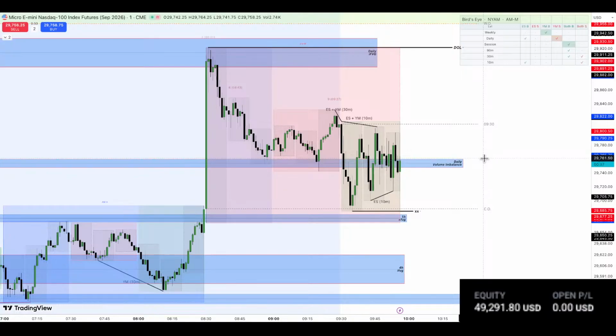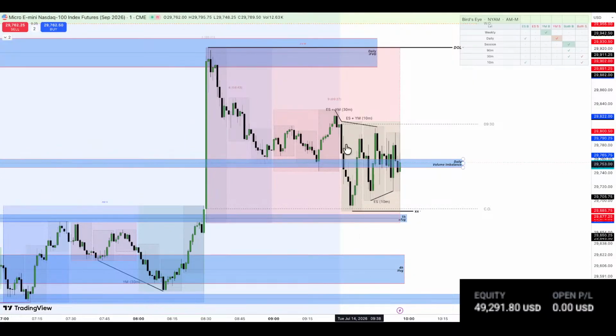So usually, if this 90-minute or 30-minute, let's just focus on this 30-minute cycle, if price consolidated, usually the next thing that will happen on the next 30-minute cycle is that price is gonna show its real move.